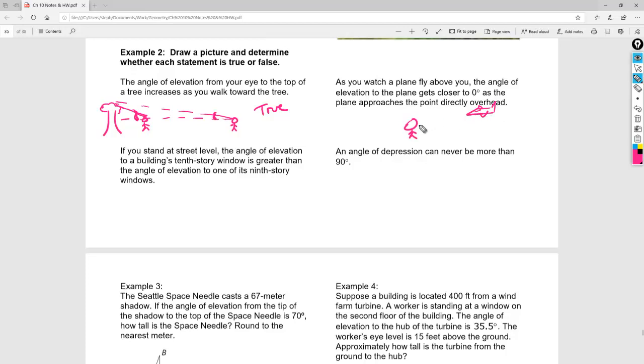There's a plane, and let's say this is my line of sight to the plane. This is my line of sight to the horizon. Okay, so here is my angle. Now, if the plane approached directly overhead, supposedly my angle would be getting closer to 0. But really, since my line of sight is staying the same, it's approaching more of a right angle. So I'm going to say that this one's false.